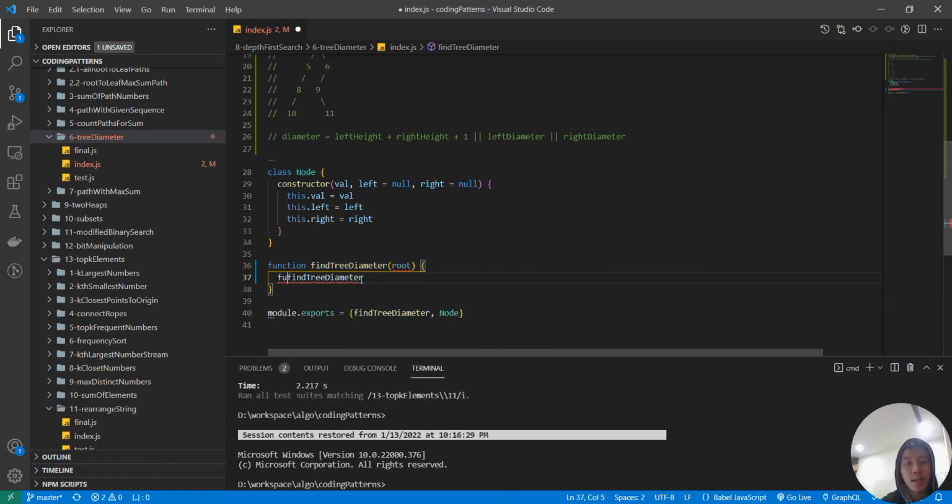So one way I could get around this issue is in find diameter, I will define a function inside the original function, and here it will be root.